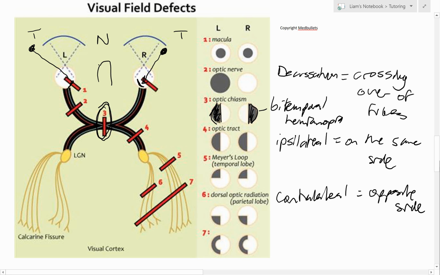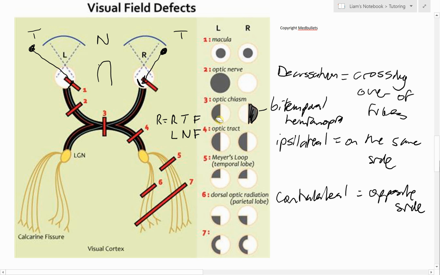Following on from that, if we go to 4, so 4 here is in the optic tract, and this is the right optic tract, meaning that it's going to carry the right temporal fiber as well as the left nasal fiber.